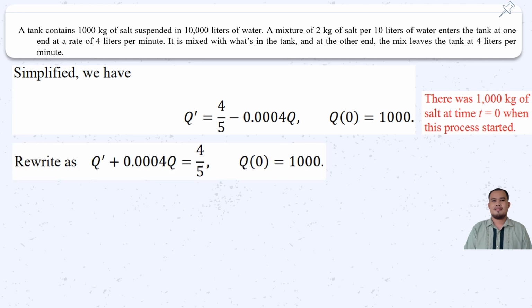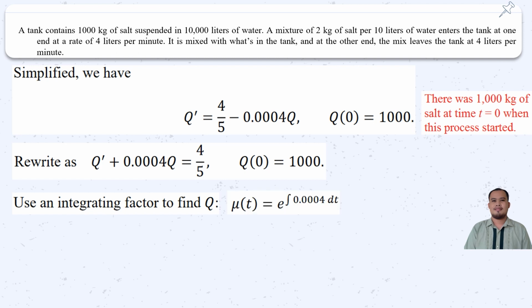Now, let's rewrite this equation as q prime plus 0.0004 q equals 4 over 5. We will then use the integrating factor to find the value of our q here. So the integrating factor will be mu of t equals e raised to the integral of p dt, or for this case, our p is equal to 0.0004, since it is the coefficient of our q above.